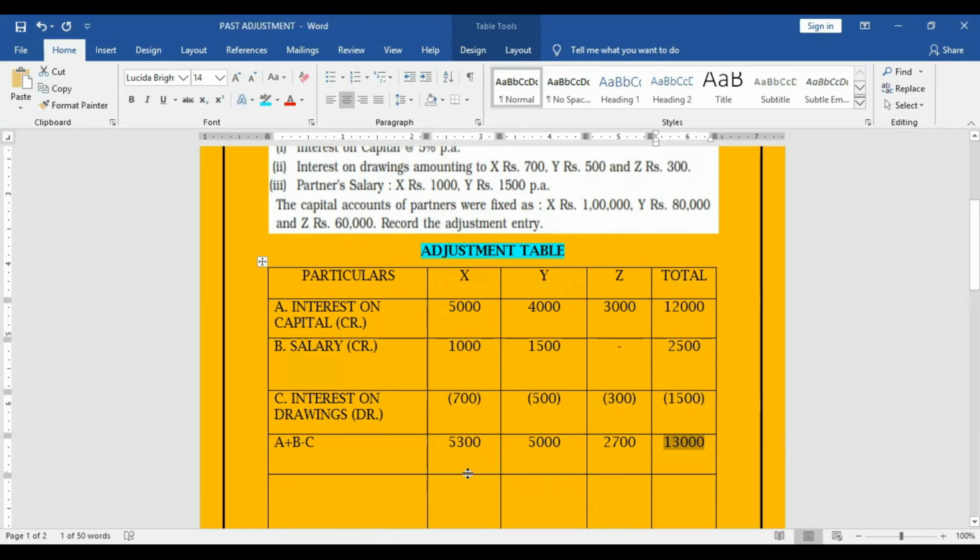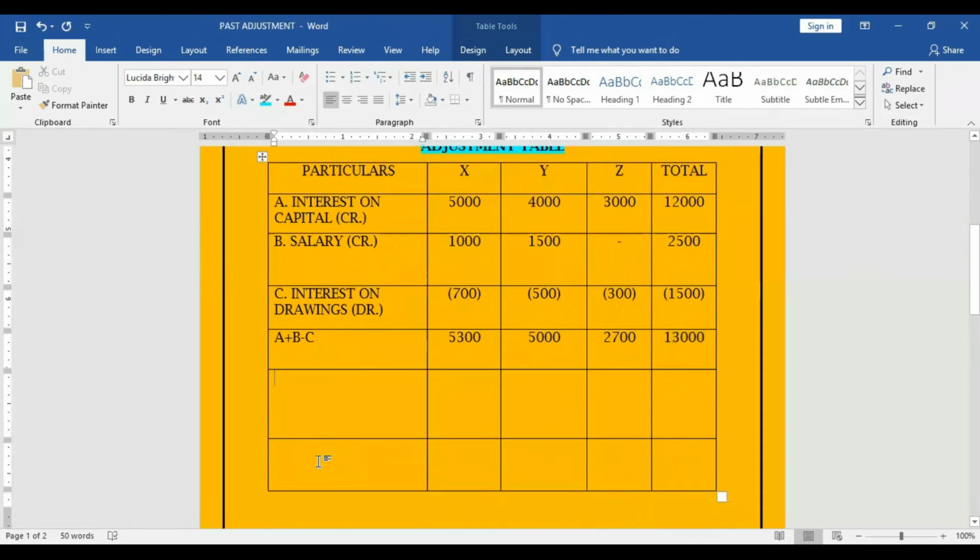So therefore, this 13,000 they have distributed profit excessively. This wrong distribution is an excess, wrongly distributed.